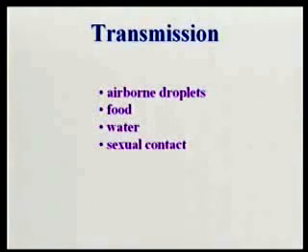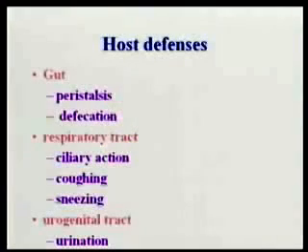There are specific reasons. It isn't just chance or something vague. We may not know the answers in every case, but in many cases it is known. Now, once an organism has got to a human being, the next thing is what happens. Well, there are many non-specific things that the human body is adapted to deal with the possibility of an infection.